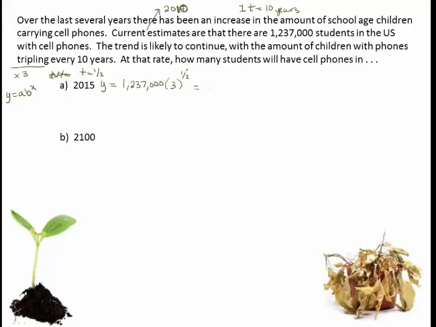So 3 raised to the power of 0.5 gives me 1.7321, and then it continues. And multiply that by 1,237,000.